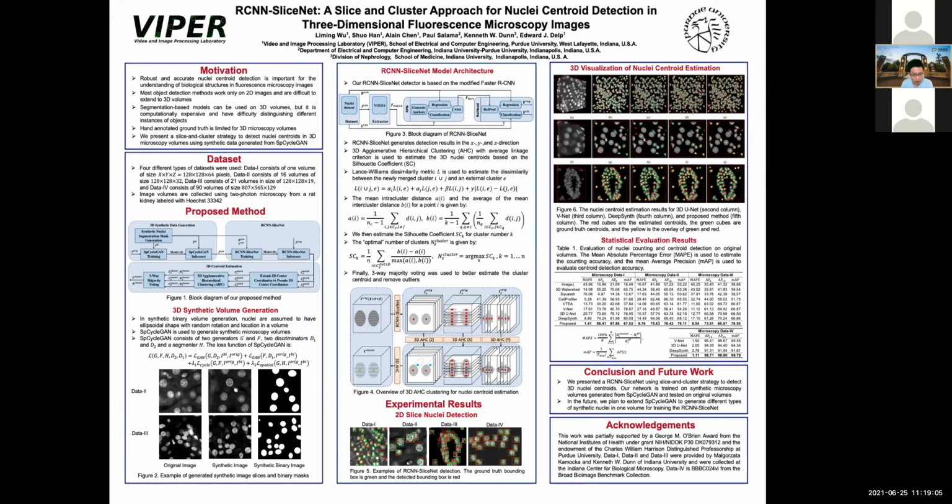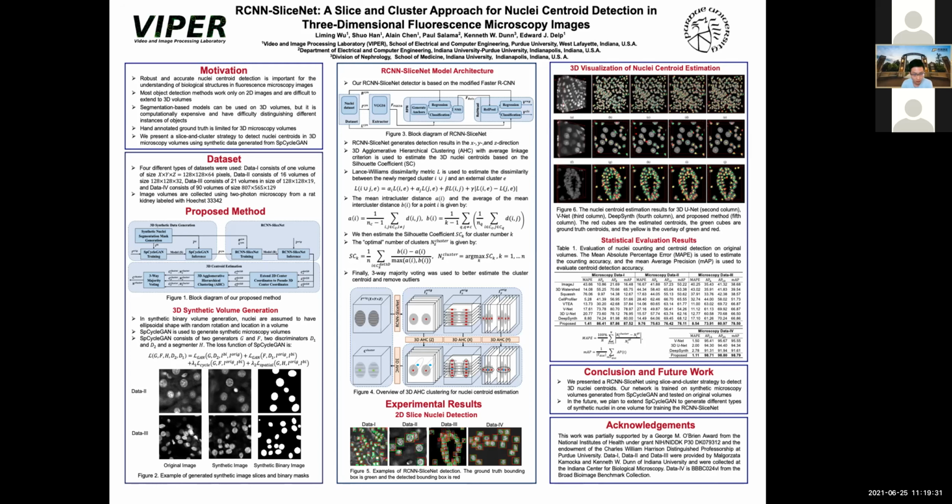For our proposed method, as shown in figure 1, our method consists of 3 main modules. The first module is 3D synthetic data generation. In this part, we first generate the synthetic nuclei segmentation masks. This is actually a 3D binary volume that contains the segmentation mask.